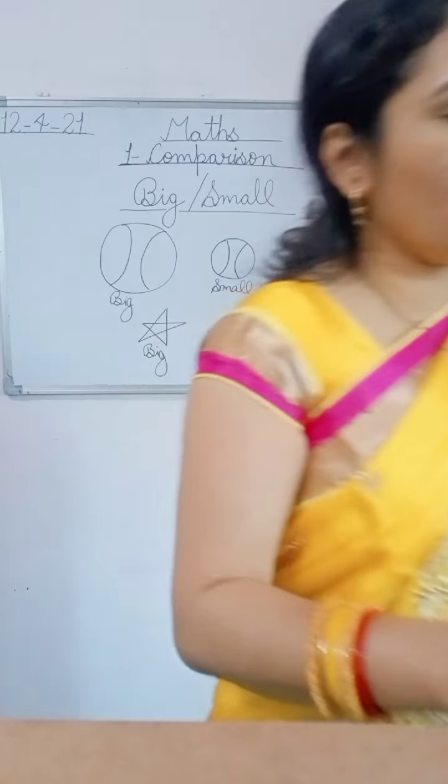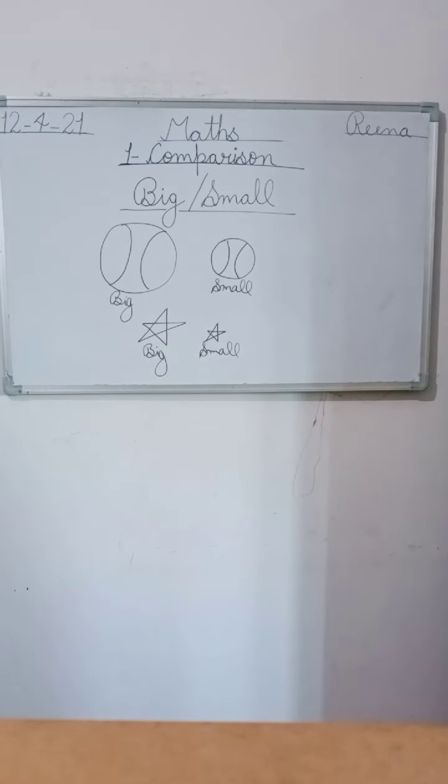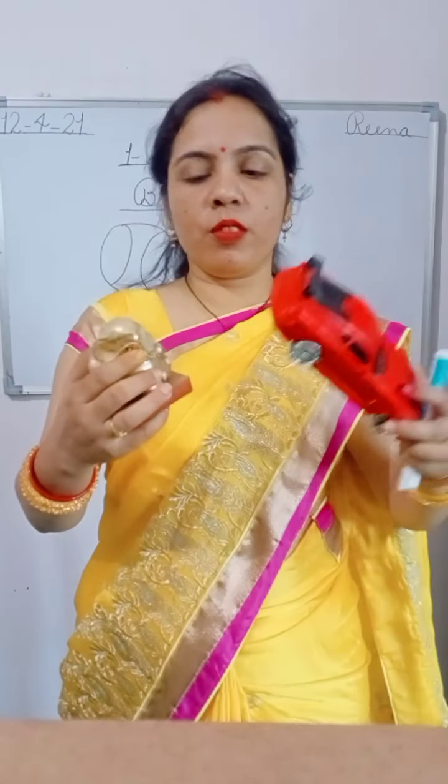Okay. Now for the next example, I have two objects. One is a car and one is Ganesha. Now which is big and which is small? This car is big and this Ganesha is small.